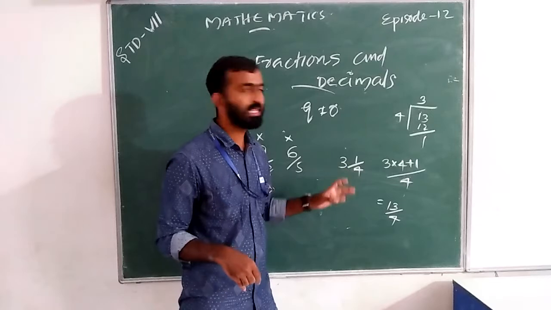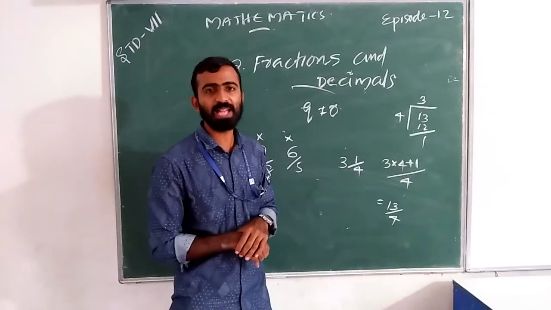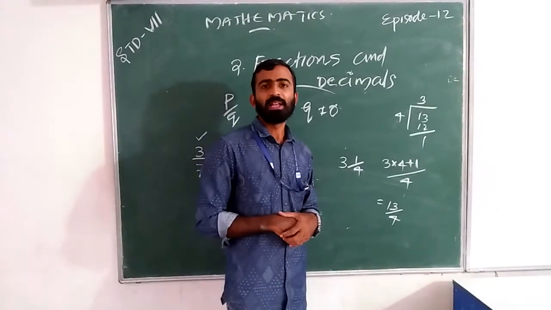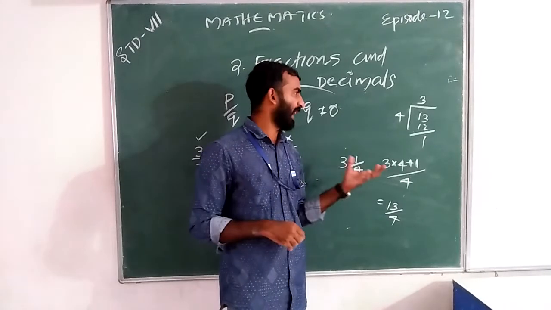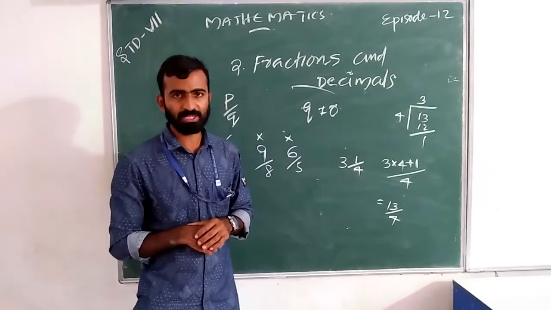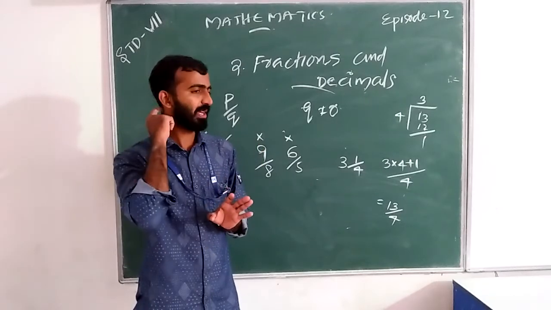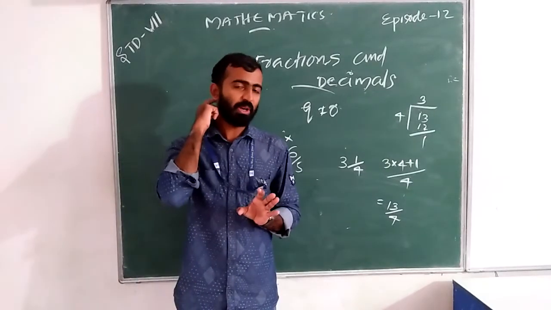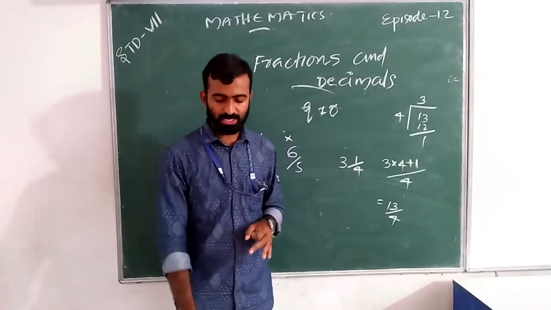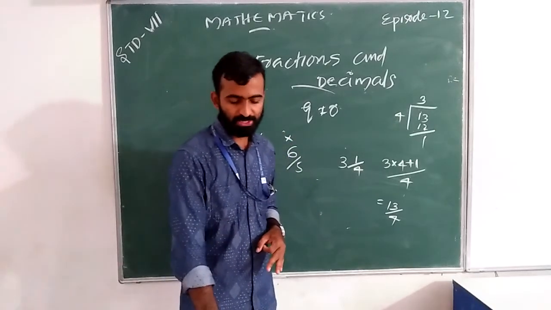These types of fractions are called mixed fractions. Mixed fraction is another way of expressing an improper fraction. So 3 types of fractions are included: proper fraction, improper fraction, and mixed fraction.